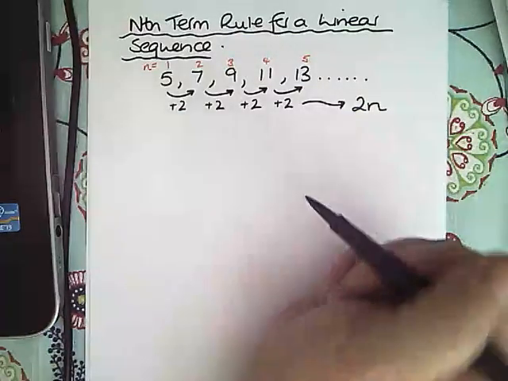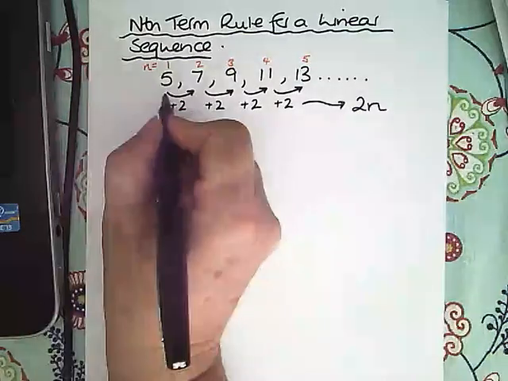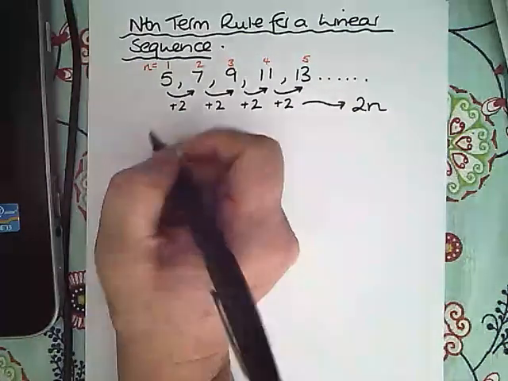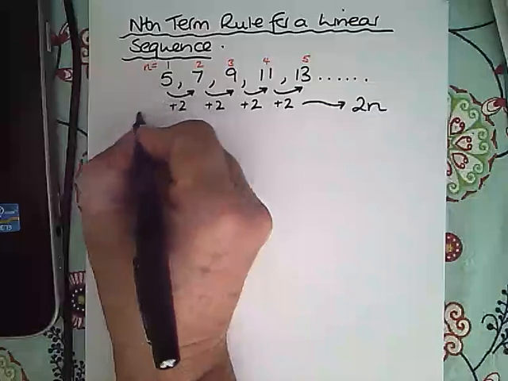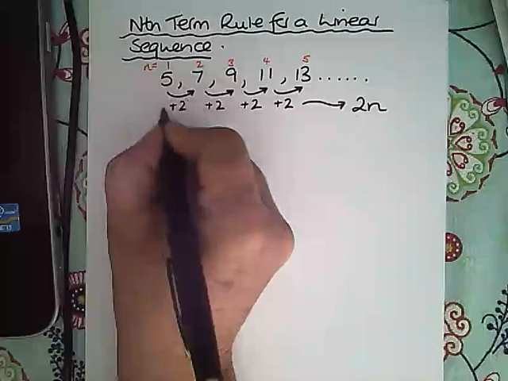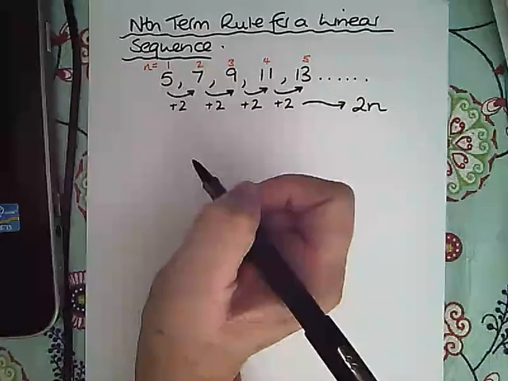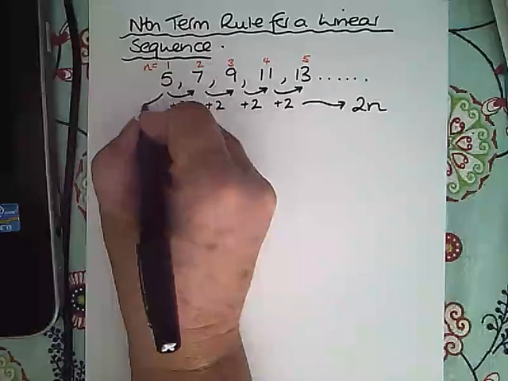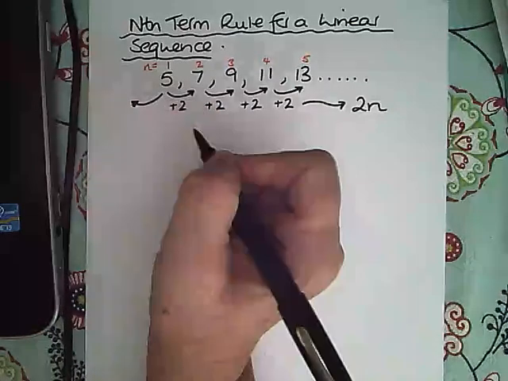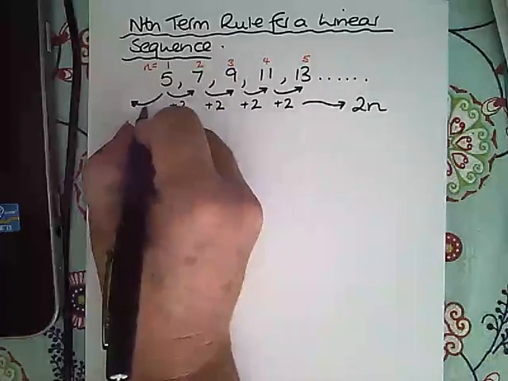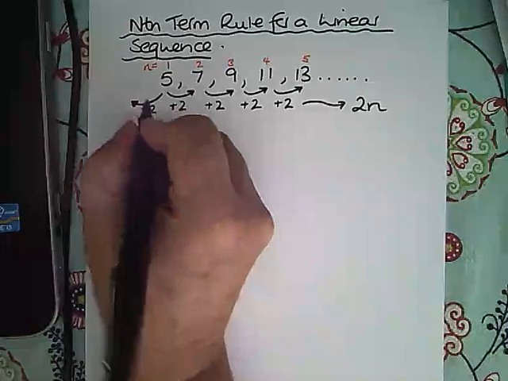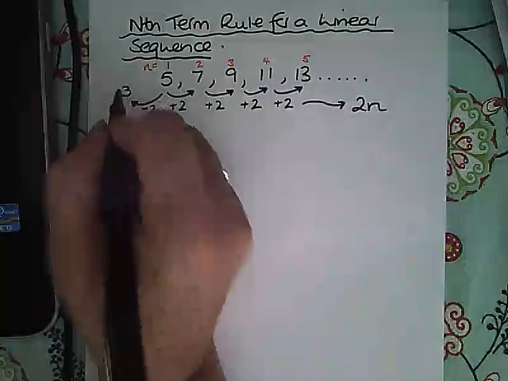Once I have got that 2n, I then go back to my first term and go the opposite way and do the opposite to what I have done for the sequence. So my arrow goes back from 5, I take away 2, and that would take me to 3.